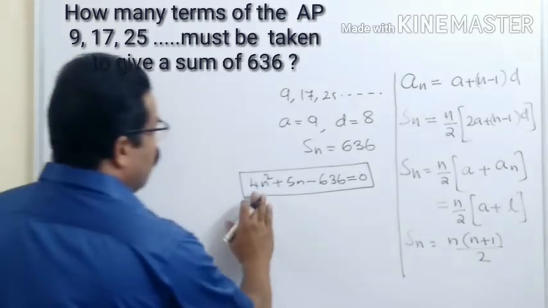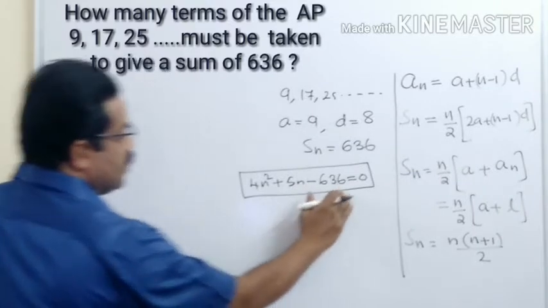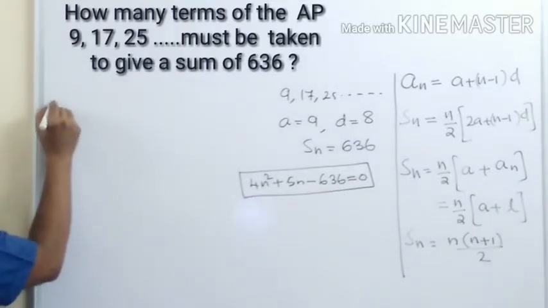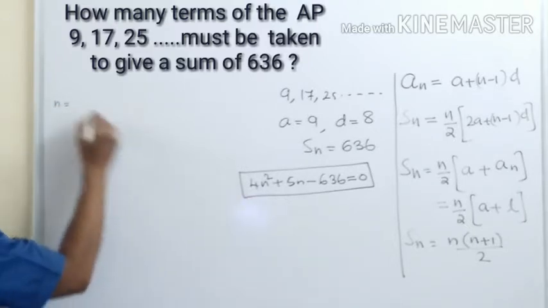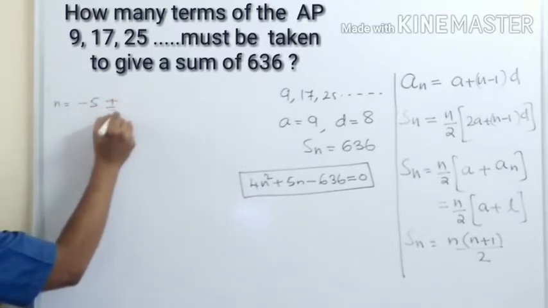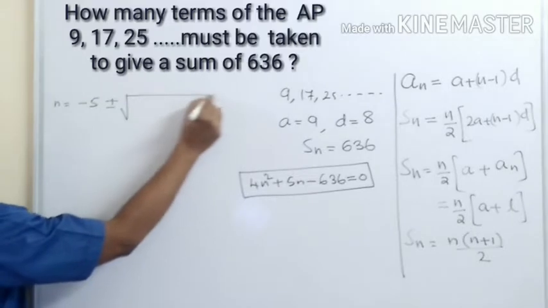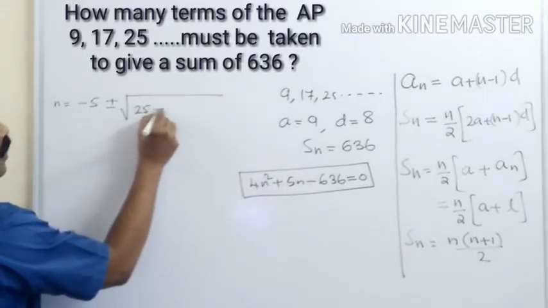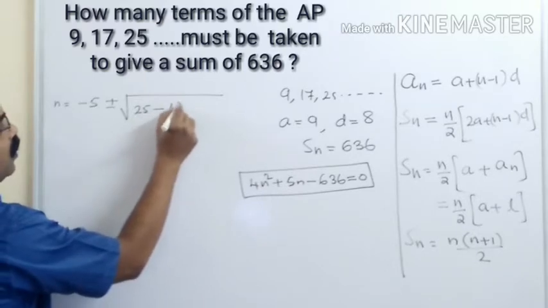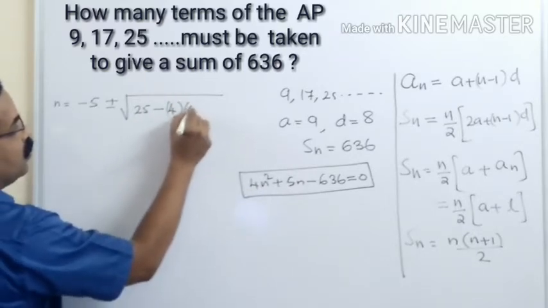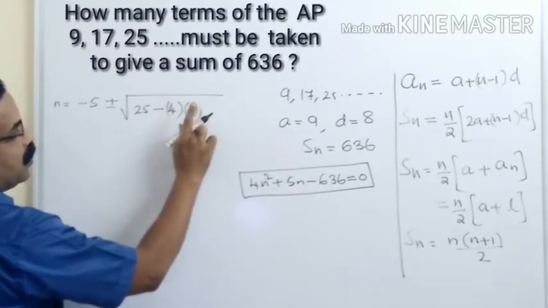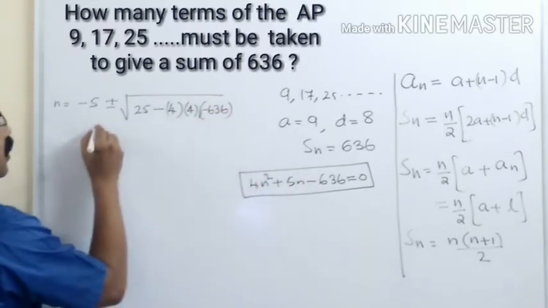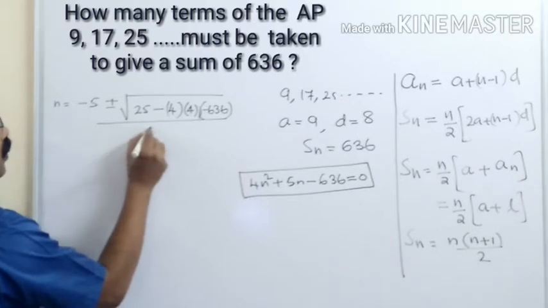So 4n square plus 5n minus 36, I can take. We will apply the quadratic formula here. So n will be equal to what? Minus b, that is minus 5, plus minus root b square, that is 25, minus 4 into 4 into minus 636, by 2a, 2 into 4, 8.